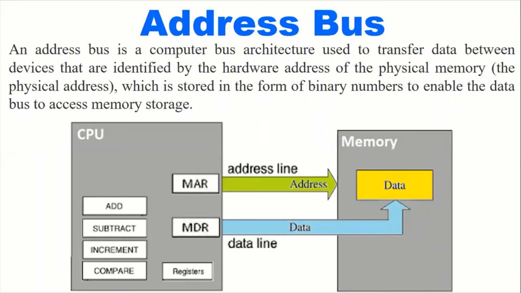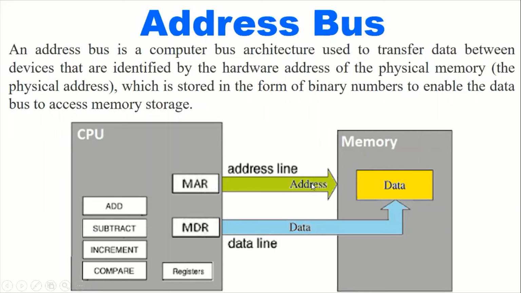So according to that address, the computer performs different operations, and data is moved towards the CPU, and the CPU has different temporary storage areas. Those areas are called registers, and they have different names. For example, you can see MDR, memory data register, and MAR, memory address register. The memory address register contains the address of the data, and the address of the data travels through the address bus or address line.